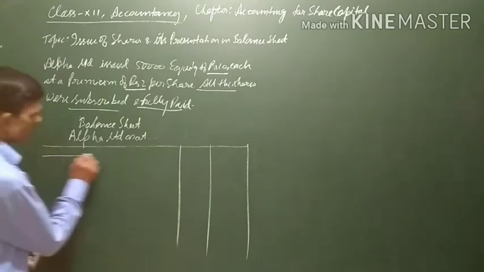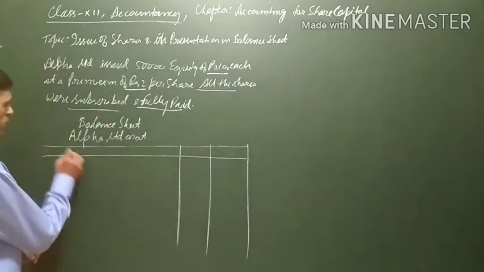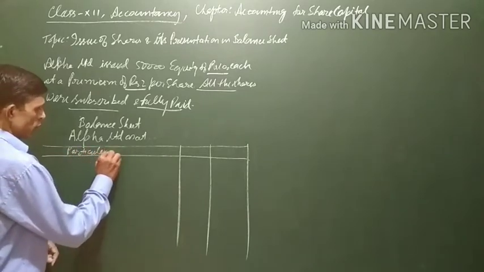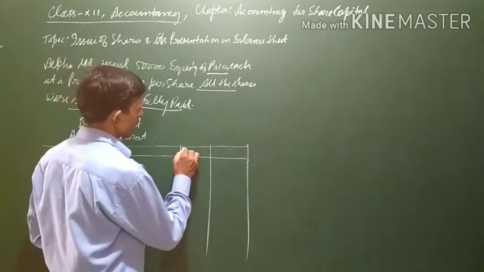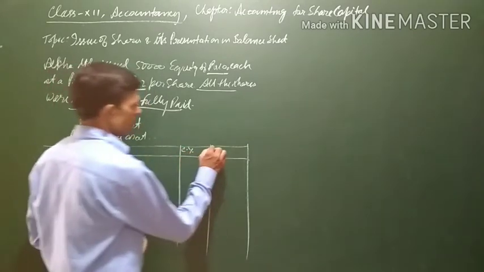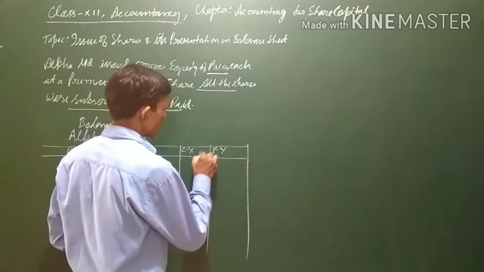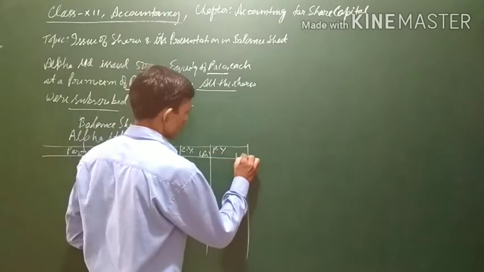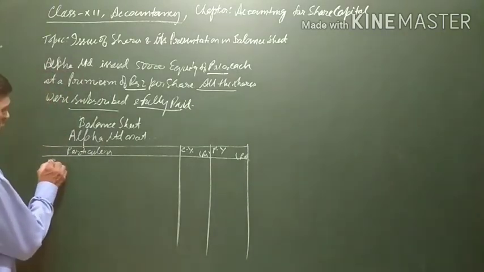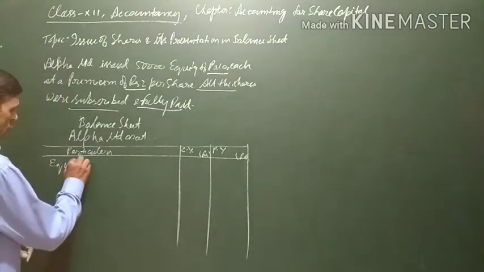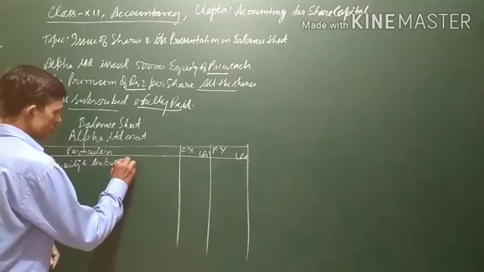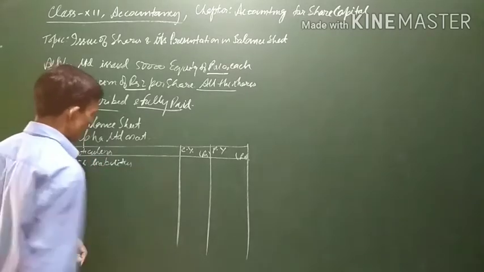Then particulars, then current year. Simply I am writing CY for current year and PY for previous year. The first heading is equity and liabilities.